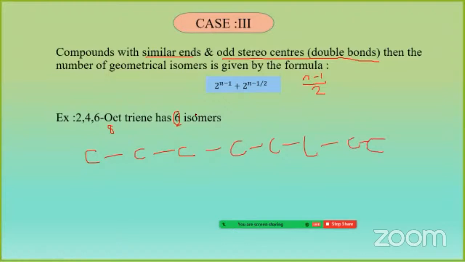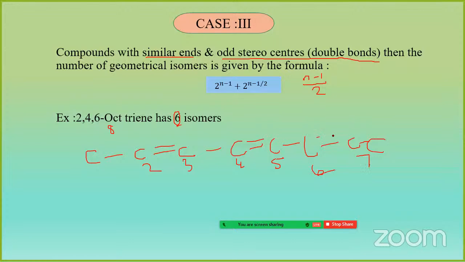Between second and third, you place a double bond, because we give the lowest number, the highest priority. So that's why 2-ene. Then between 4 and 5, I should place the double bond, that's why 4-ene. Then next, between 6 and 7, I should place another double bond.